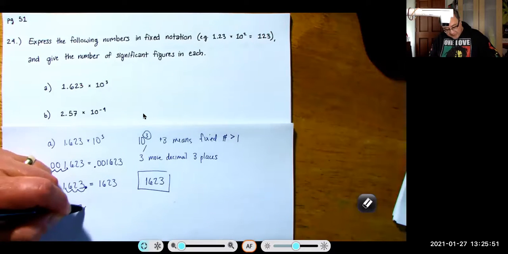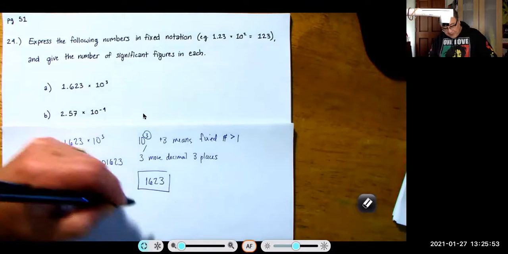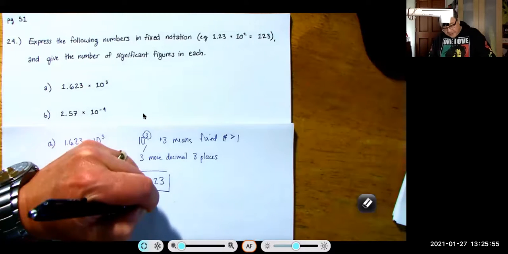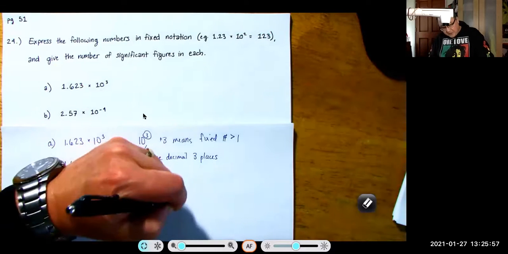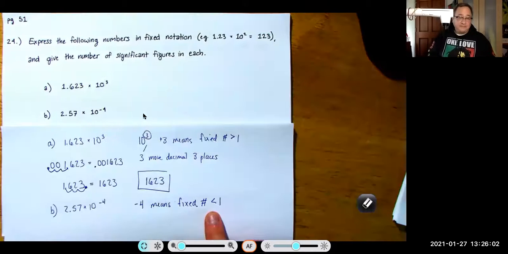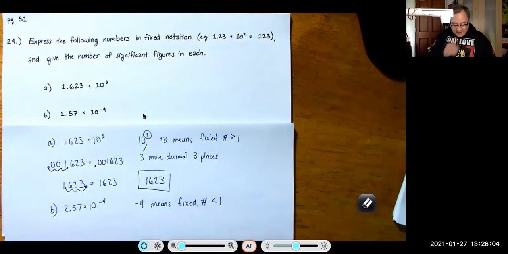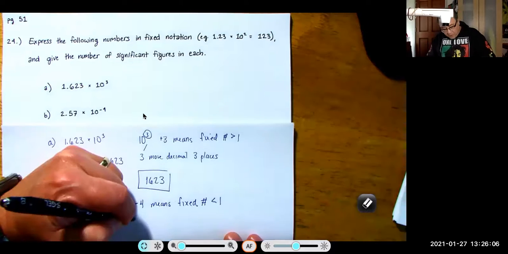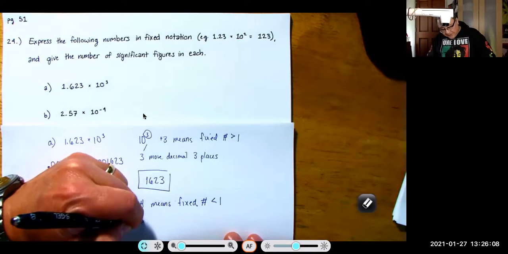2.57 times 10 to the minus 4. So the minus 4 means the fixed number is less than 1. And the 4 part means move the decimal 4 places.